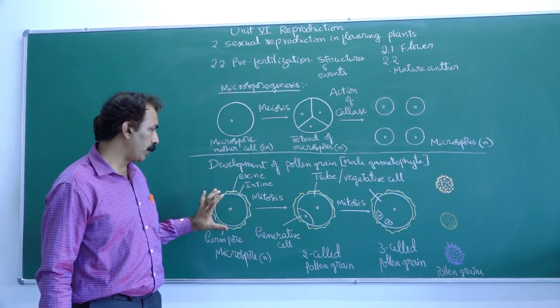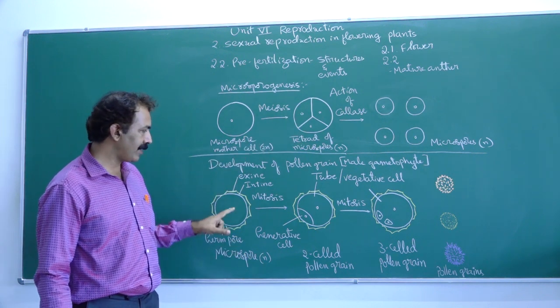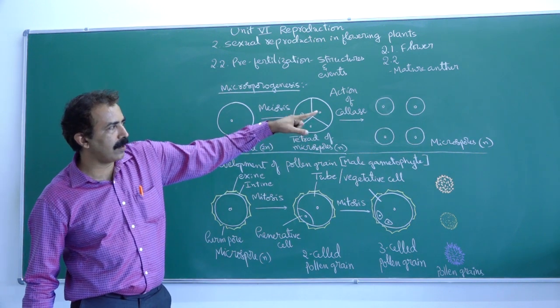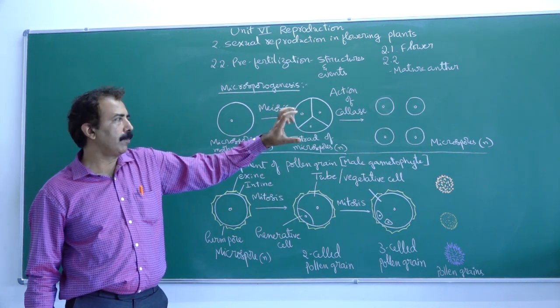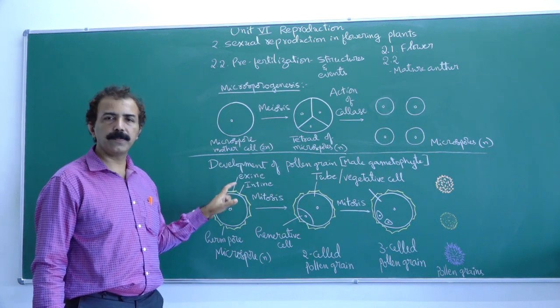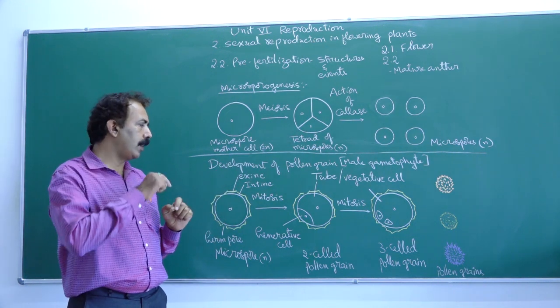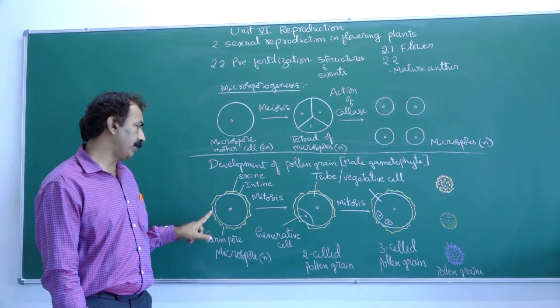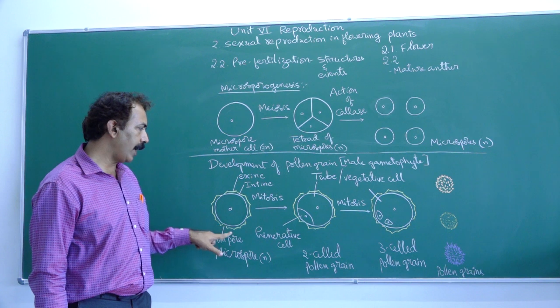So this microspore now has undergone a little change. There I showed just one membrane, but here I have shown two membranes. The microspore is now loaded with some additional material by the tapetum, and I have written it in yellow color.